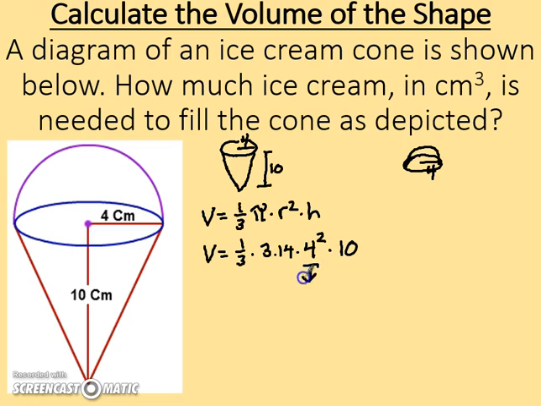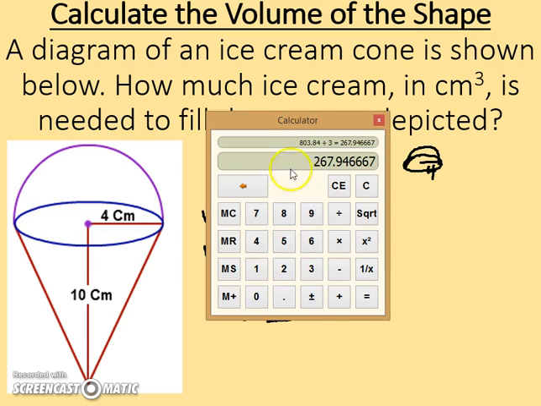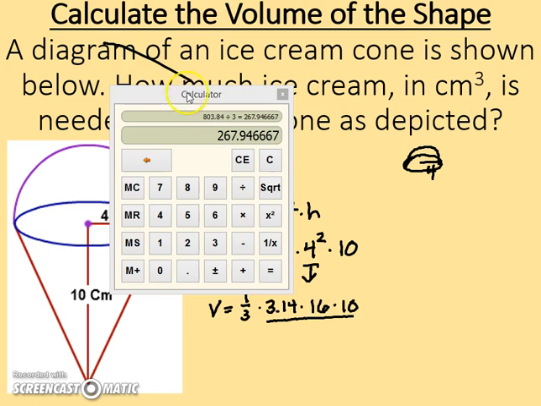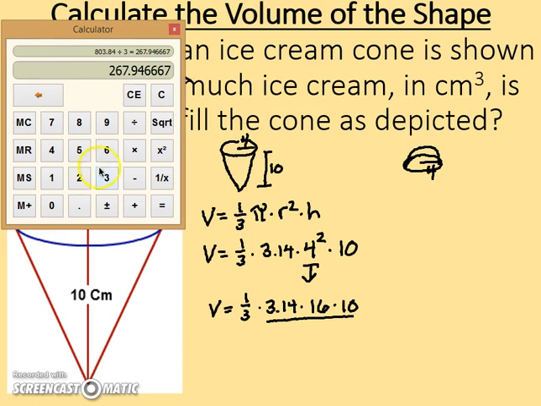Again, we have to do the exponent first. We have 1/3 times 3.14 times 4 squared, which is 16, times 10. So I'm going to do 3.14 times 16 times 10 first.